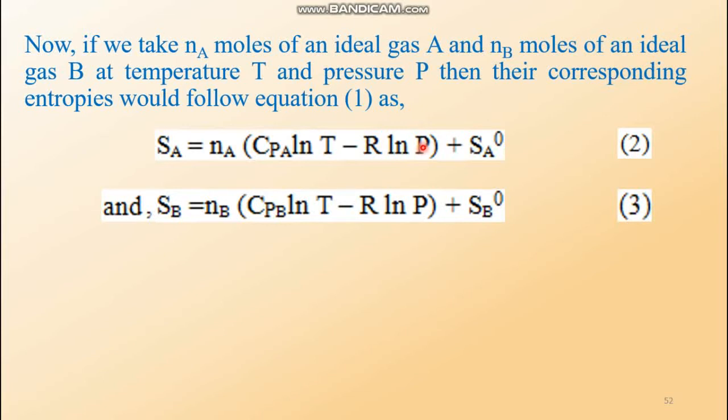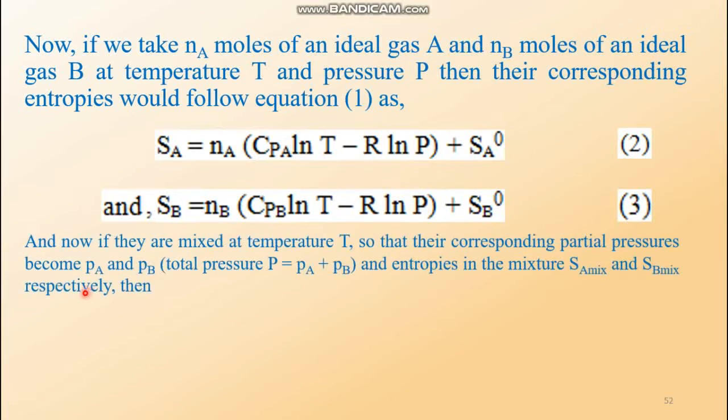So in place of this P, we shall write here small letter pA, that is the partial pressure of A, and here small letter pB, that is the partial pressure of B. If they are mixed at temperature T, their corresponding partial pressures become pA and pB, so that the total pressure P has the expression pA plus pB.